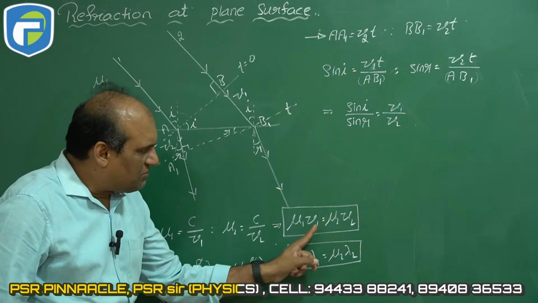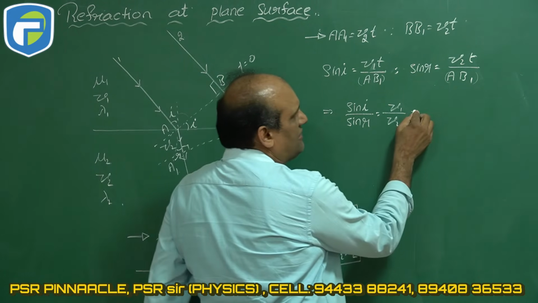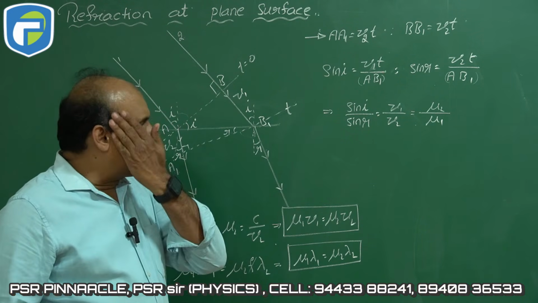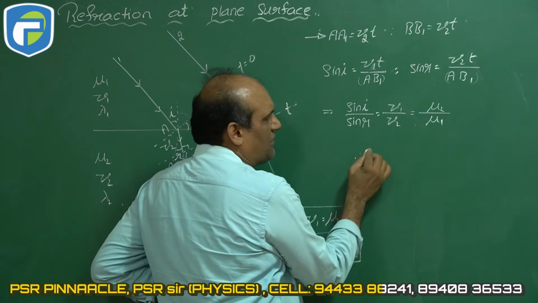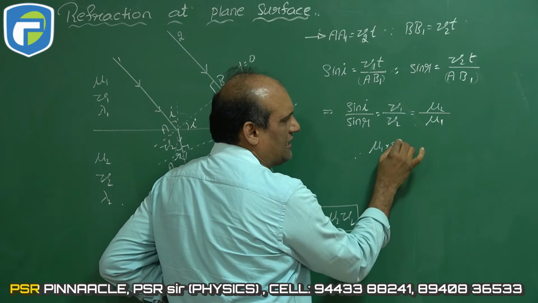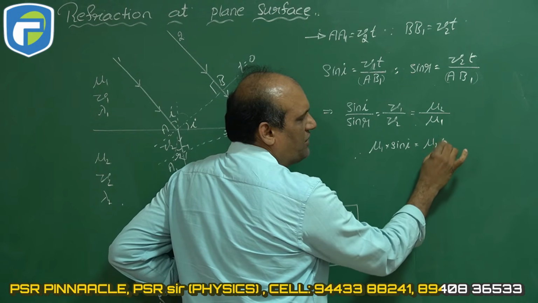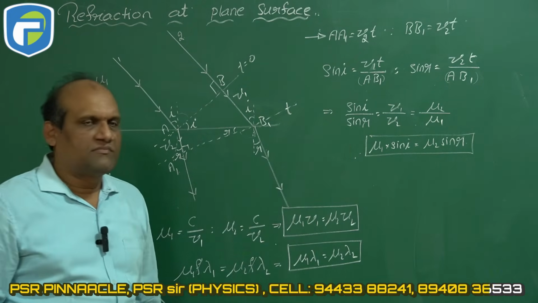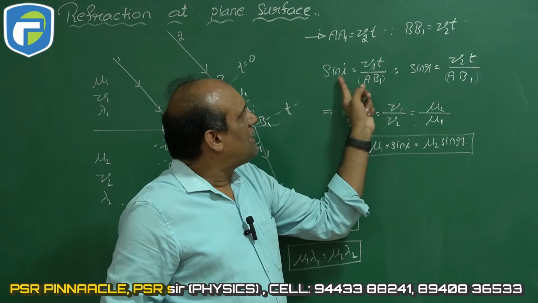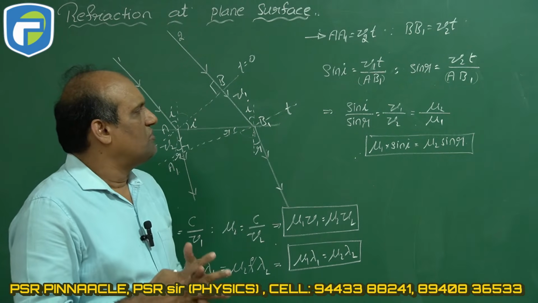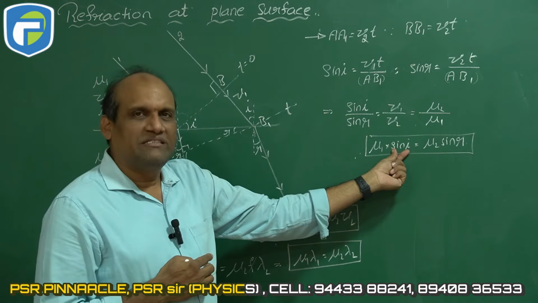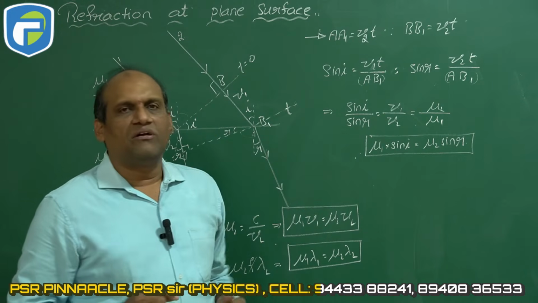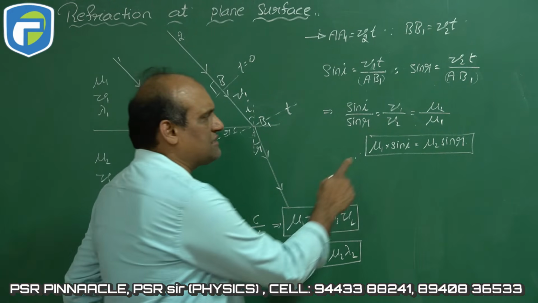Nothing but you see, V1 by V2 equals mu2 by mu1. Therefore I can say mu1 into sin I equals mu2 into sin R. You see here, this is Snell's law. See, if V1 equals V2, I equals R. Higher the angle of incidence, higher the angle made by the light ray in the medium; depending on the refractive index, the angle varies.